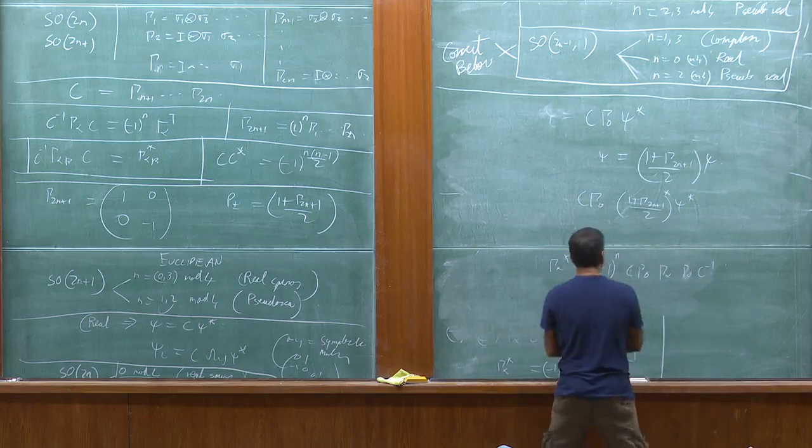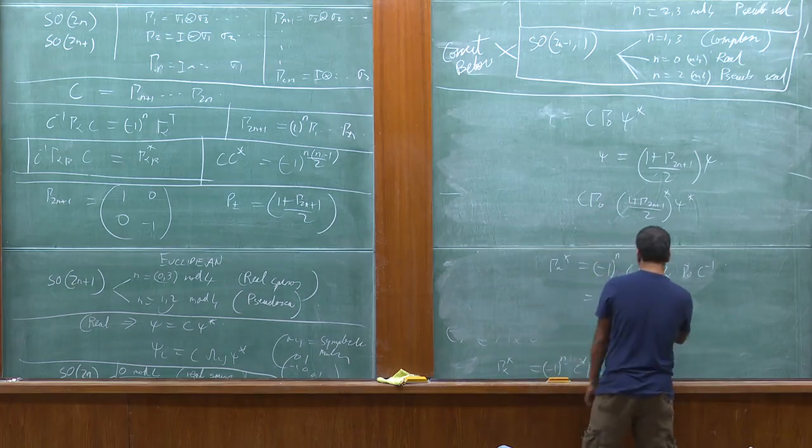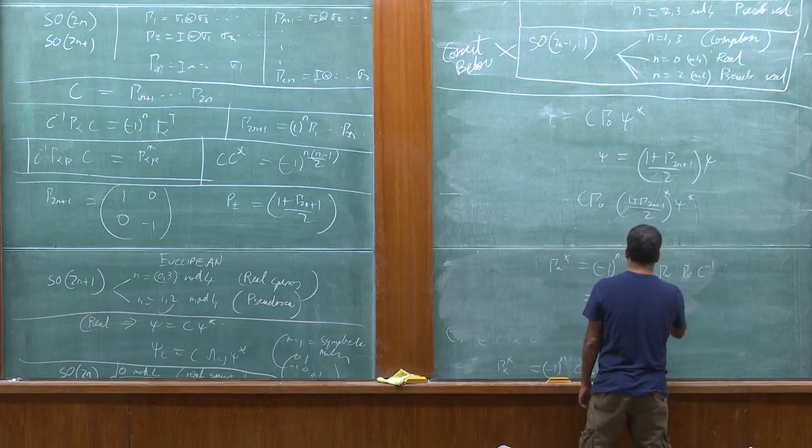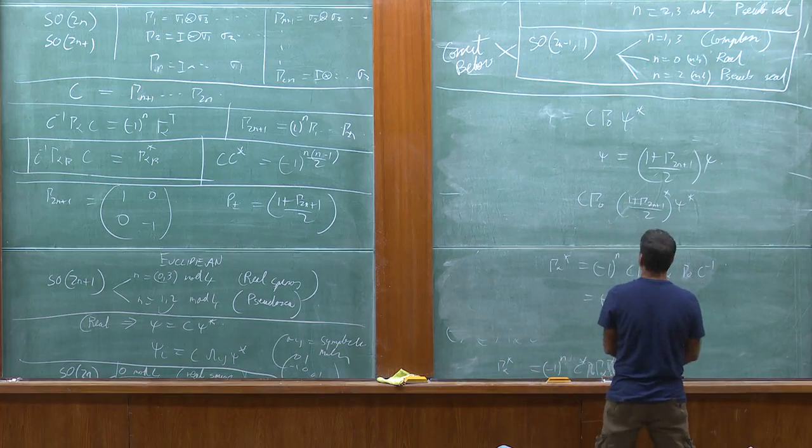So first I'll make C inverse and gamma 0 inverse.